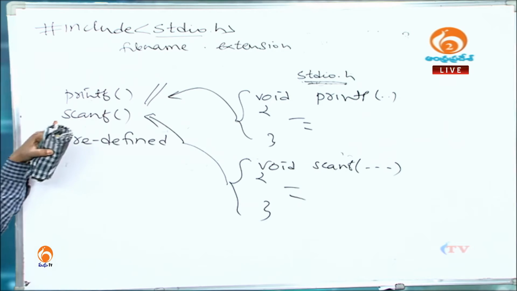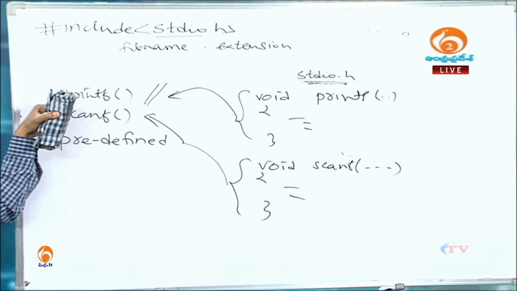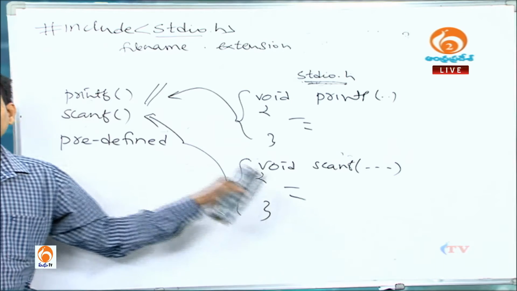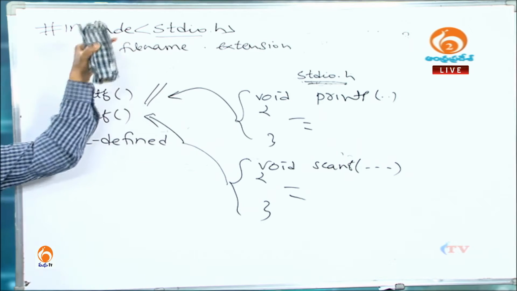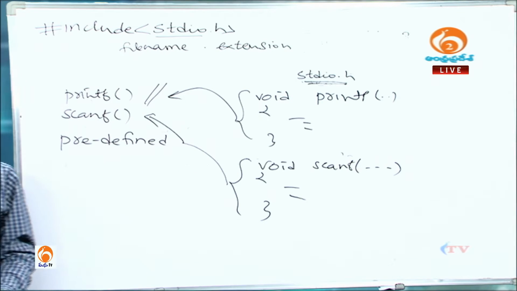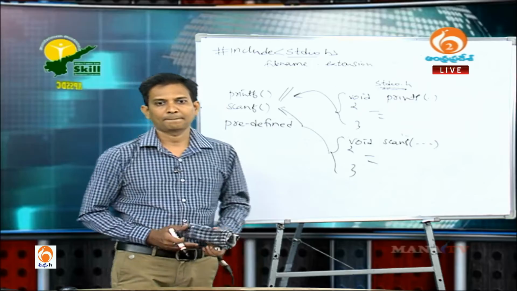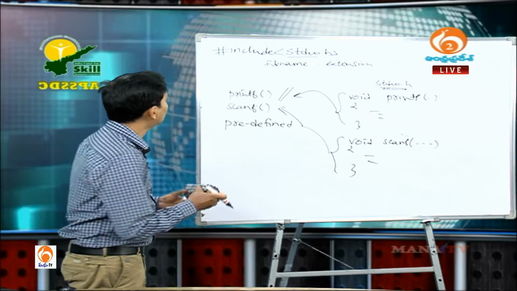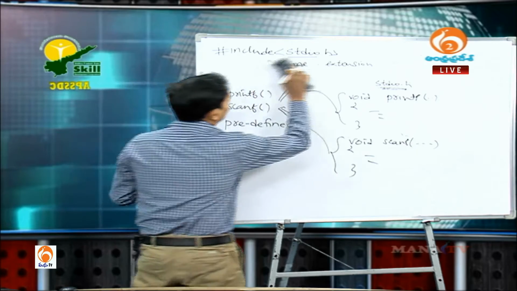This is a function call, and printf is also a function call. So the code is available here. This code is substituted here because of the include. Okay. Next, there is another file also, that is maths.h.